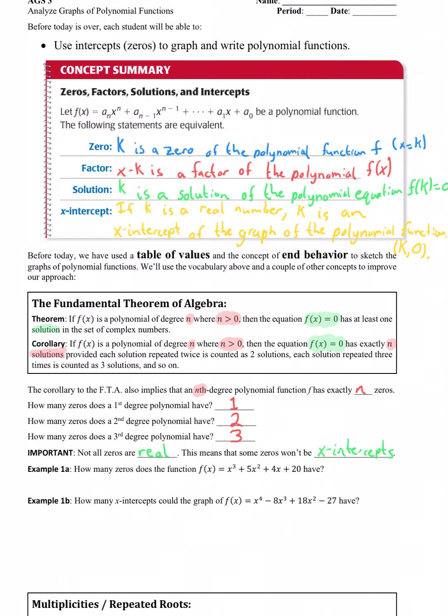It still has 3 zeros, but it just means 2 of those zeros would be imaginary because we only see 1 x-intercept, so there's only 1 real zero. That's how we can tell the difference between real zeros and imaginary zeros. And in this class, I don't necessarily ask you how to calculate imaginary zeros. I'm just going to ask you to identify if this one has imaginary zeros.